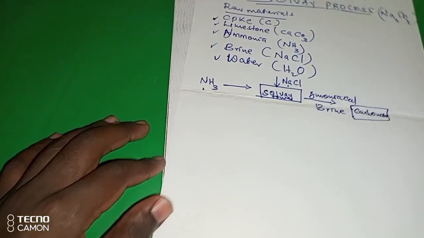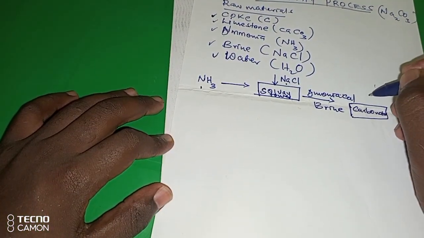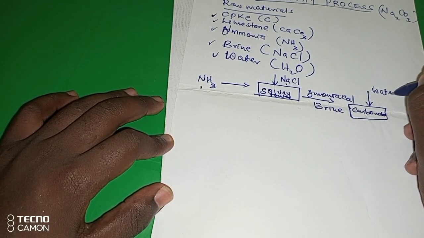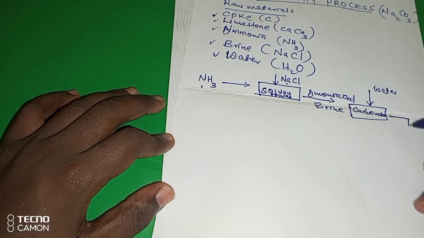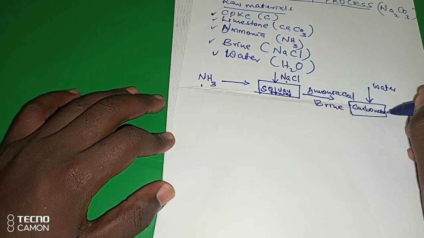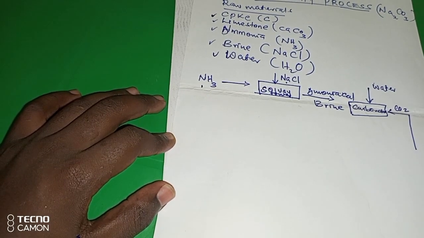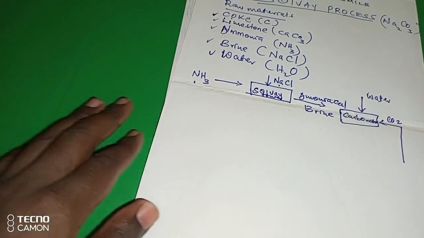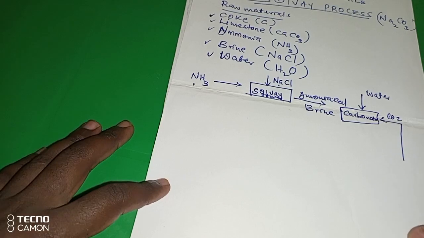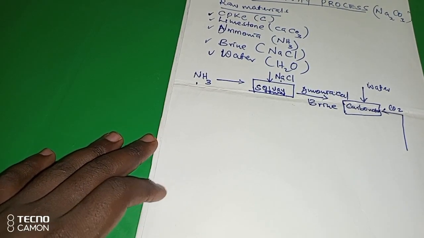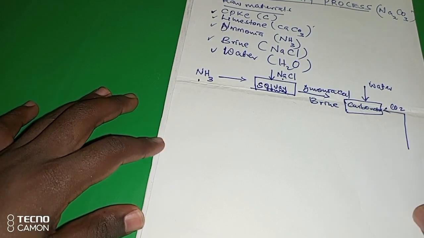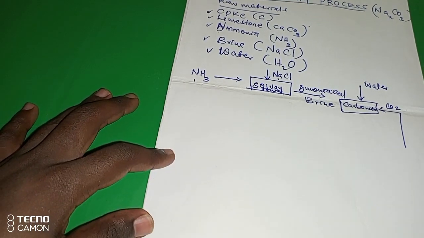In the carbonator, we supply water and carbon 4 oxide. That carbon 4 oxide, we are going to know where it comes from. It is produced when we heat calcium carbonate in the kiln.